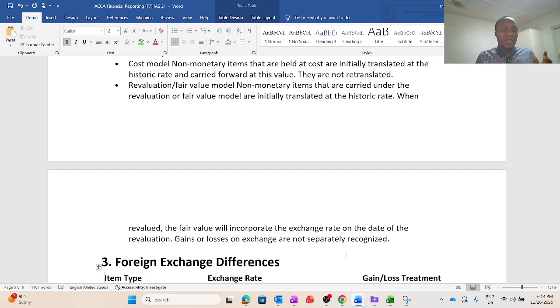So if we are going to recognize a gain or a loss on revaluation, it has already incorporated the impact of the exchange rate. So there is no need for us to recognize a separate gain or loss on the exchange, as the revaluation, the fair value model, has already encapsulated the impact of the exchange rate. Key points you need to know for the examination.